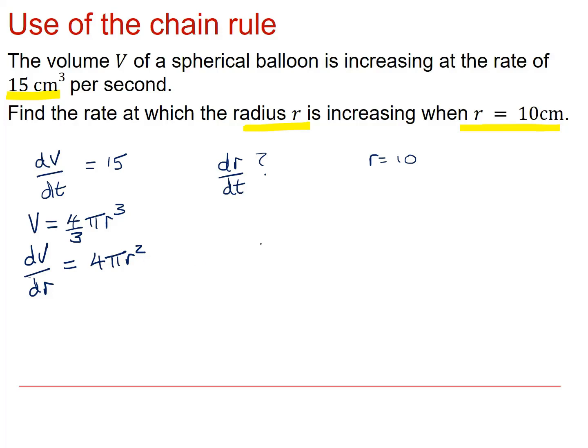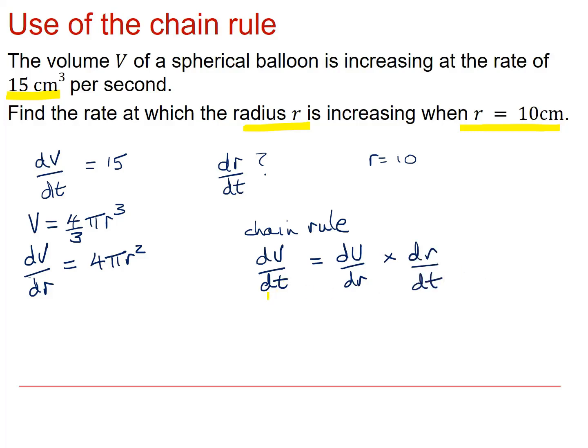And if I use the chain rule, I know that dV by dt is equal to dV by dr times dr by dt.